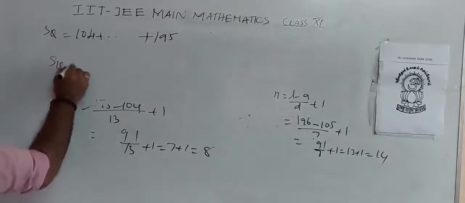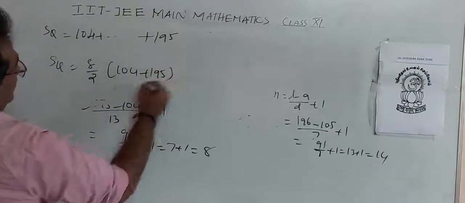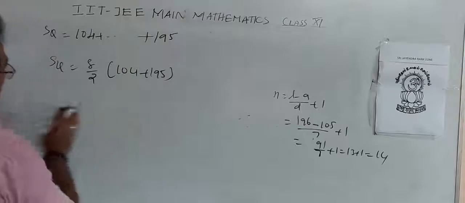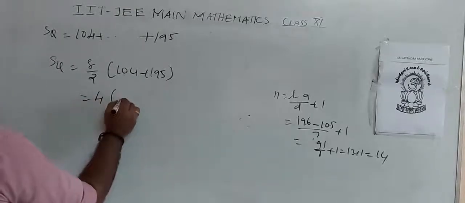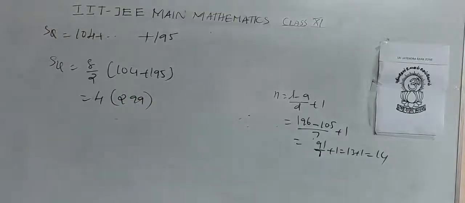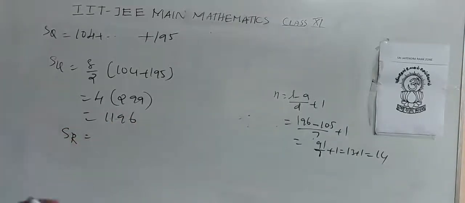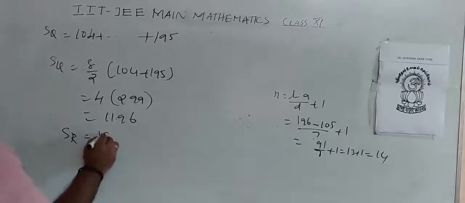So SQ equal to 8 by 2 into (104 plus 195), 4 into 299, 1196. SR means divisible by both 13 and 7. There will be one term lying between 100 and 200, that is 182 only.